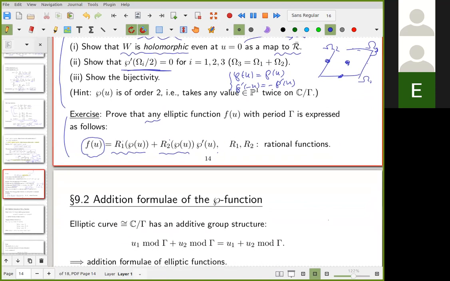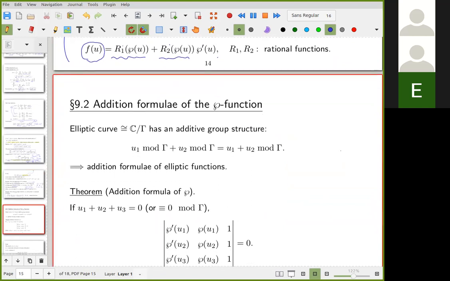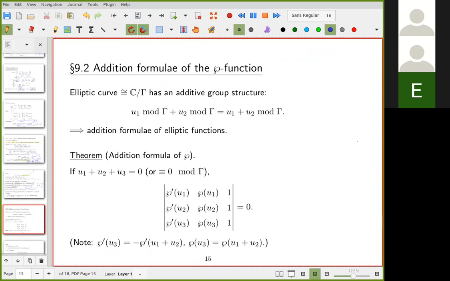Okay, next, let's discuss the addition formula of the function, which is one of the quite important properties of elliptic functions. Recall that the elliptic curve is isomorphic to C over gamma, which has a group structure in this way.